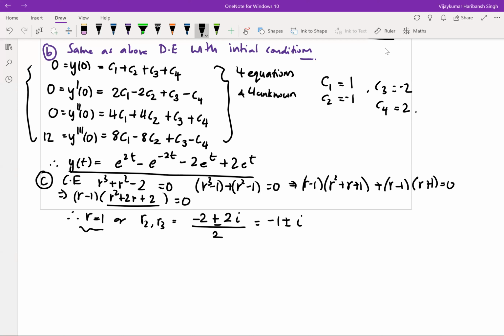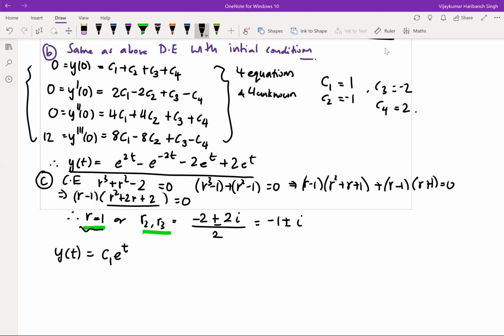So corresponding to this root, we'll get y(t) equals, so corresponding to this part here, we'll get a constant times e to the power rt, which is e^t. Corresponding to these two, we'll have complex roots.